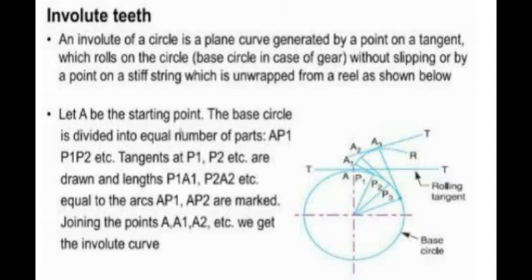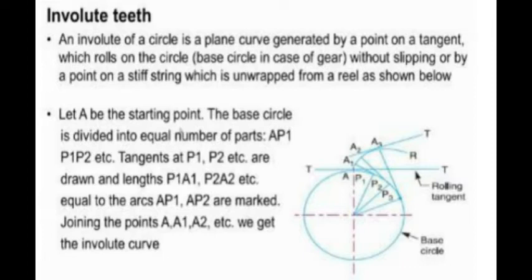You can see here at a point A we have a tangent TT, and at a point P1 we have another tangent A1P1, and at a point P2 we have another tangent A2P2. So that is tangents at P1, P2, etc.